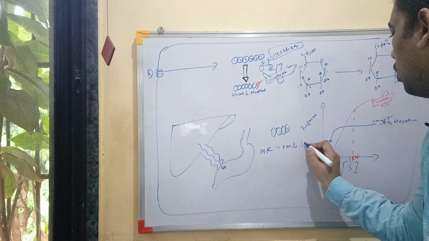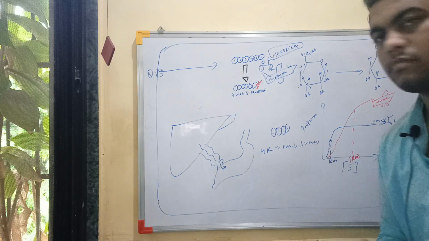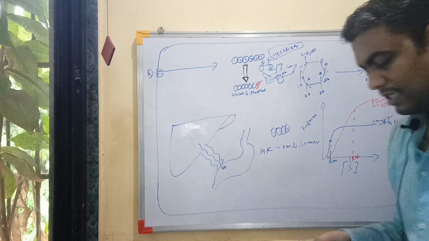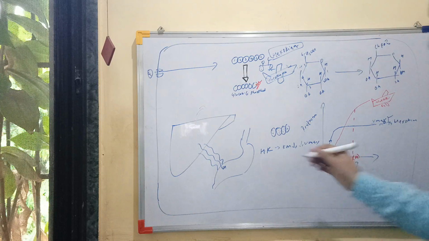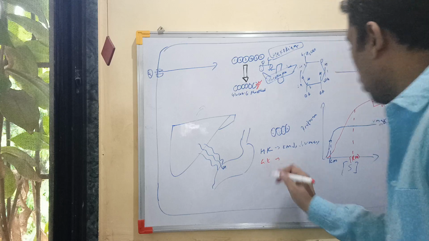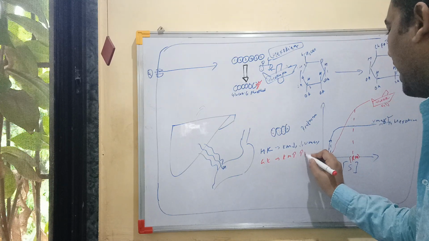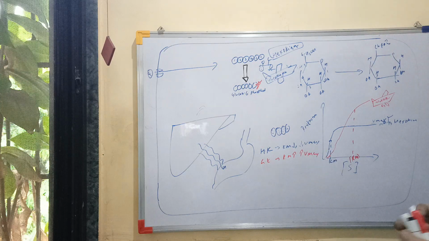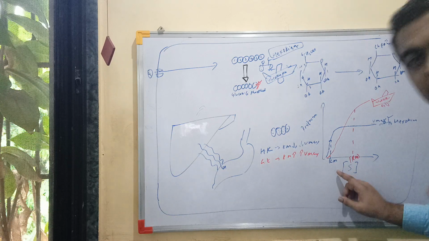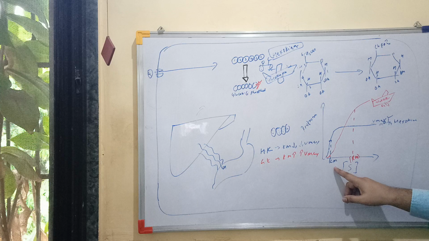It has low Vmax. Similarly, if you talk about glucokinase, it has high Km and high Vmax. Correct? So if we are talking about the saturation point, let's talk about hexokinase.